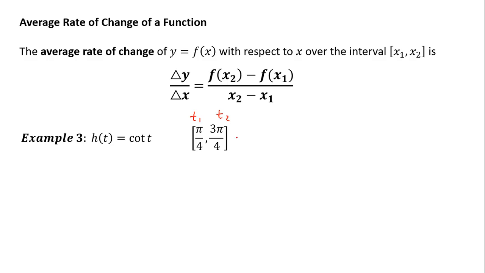So here we'll be using the letter t or variable t since the independent variable is t instead of x. Okay, so we have t sub 2 is 3 pi over 4. So let's compute h of 3 pi over 4.